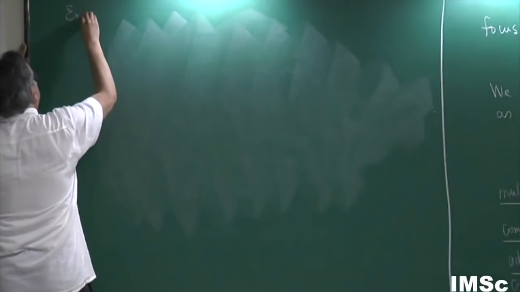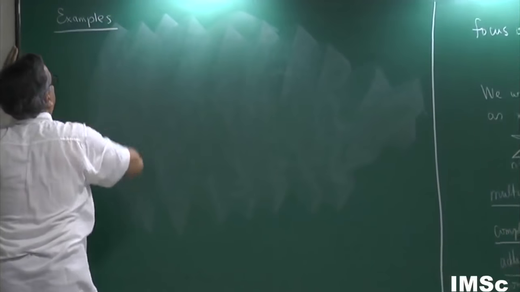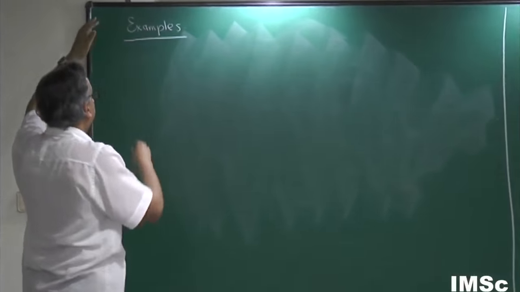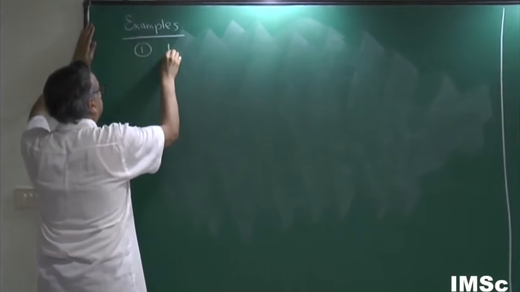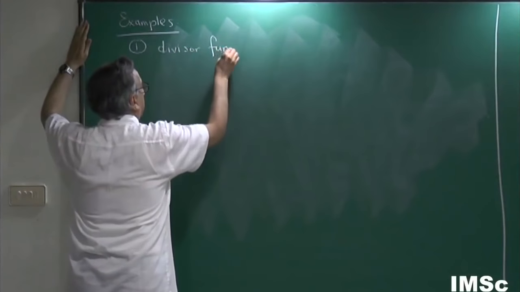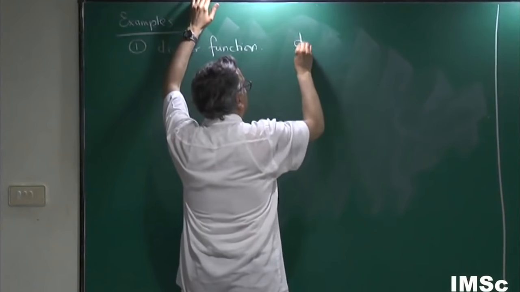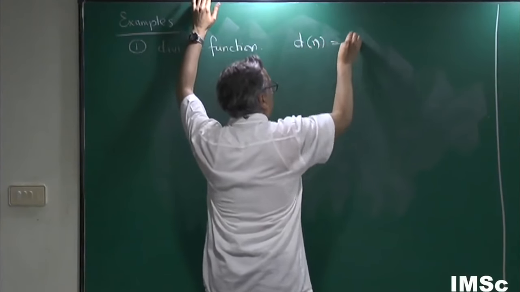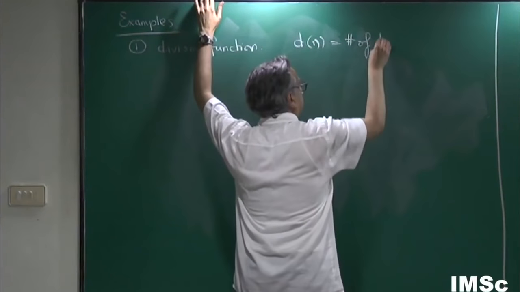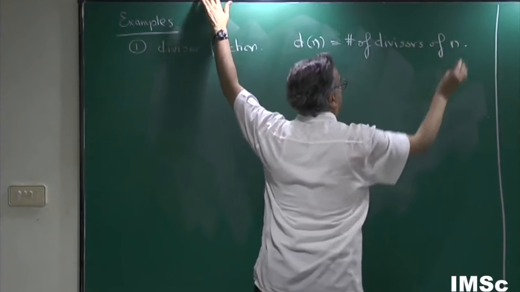Let's look at some examples. The divisor function. So d of n is the number of divisors of n. Okay.